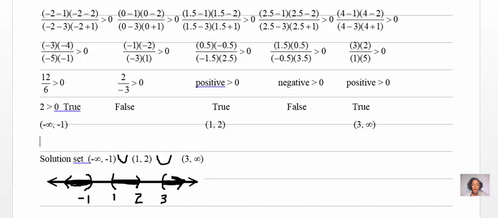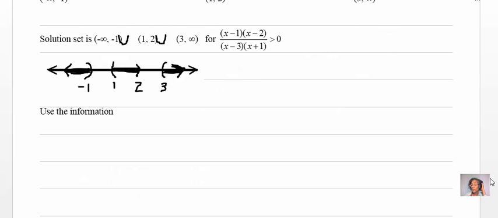I want to look at solving a slightly different inequality using what we've done. We're going to use the information that we've obtained to solve this inequality. Our solution set is all the numbers smaller than -1, unite it with all the numbers between 1 and 2, unite it with all the numbers bigger than 3.